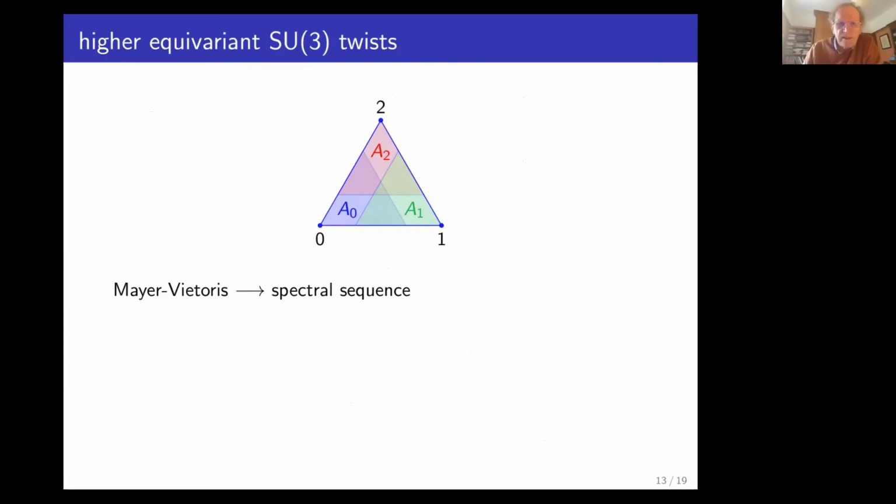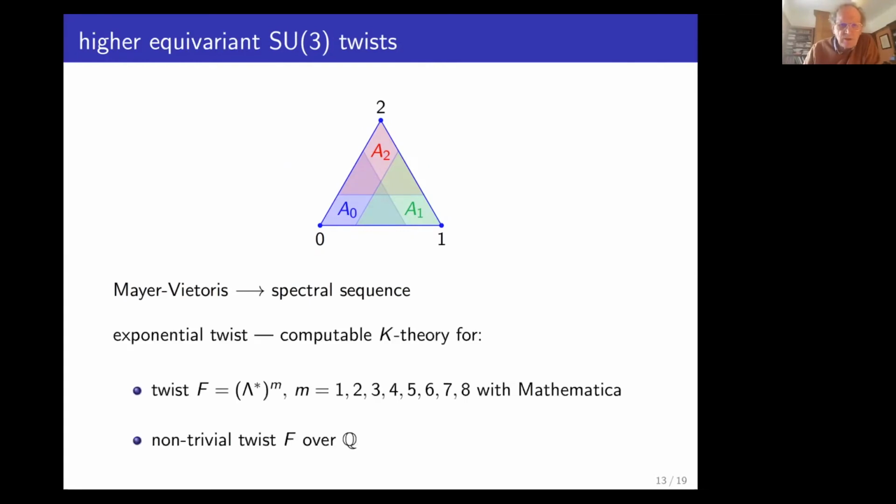So in that case, the computation is trickier, and we could do it in certain cases. So first of all, if I take the full twist, then we could compute the K-theory explicitly for these small values of m, but we had to do it using Mathematica to compute kernels and co-kernels.